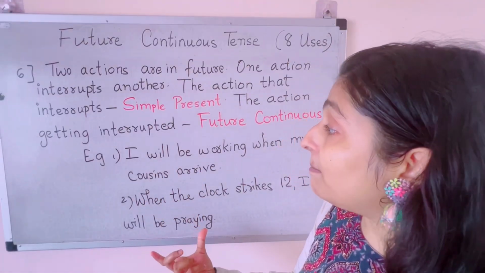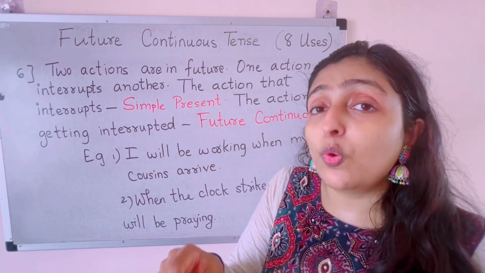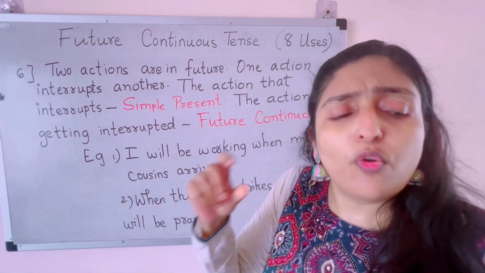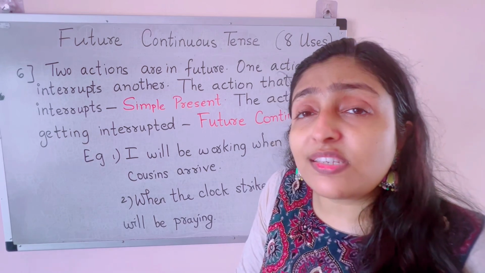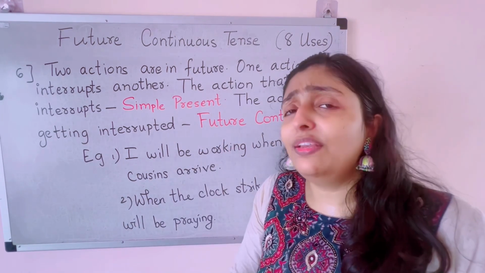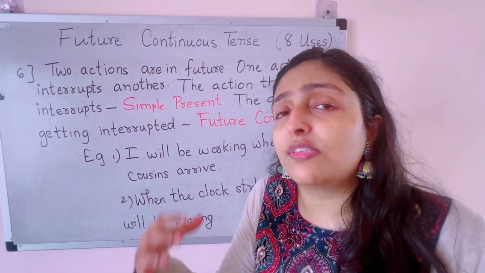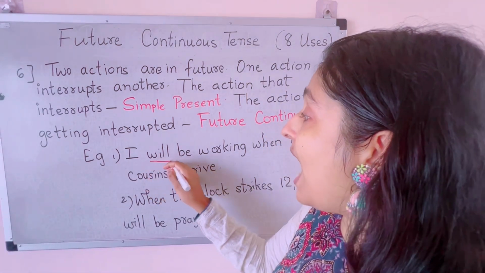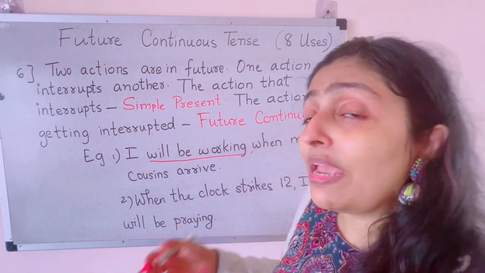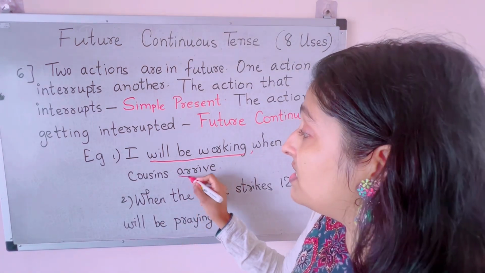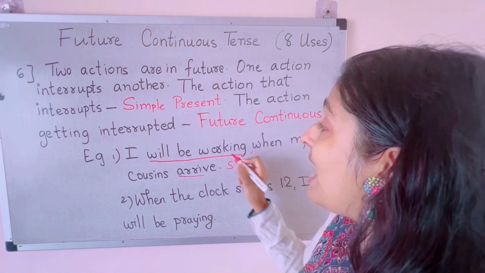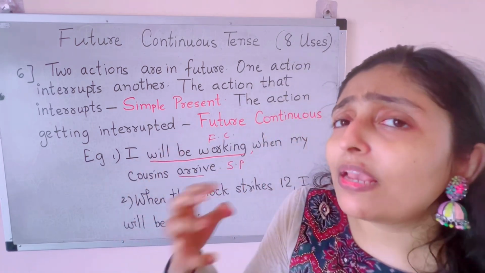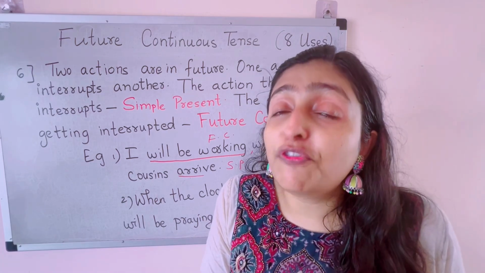In these examples, the action which is interrupting, which is causing a disturbance, will be in simple present tense, while the action getting interrupted in the future is written in future continuous tense. For example, I will be working when my cousins arrive. This is in simple present tense and this is in future continuous tense. Why? Because when my cousins come, I'll have to cook the food for them.